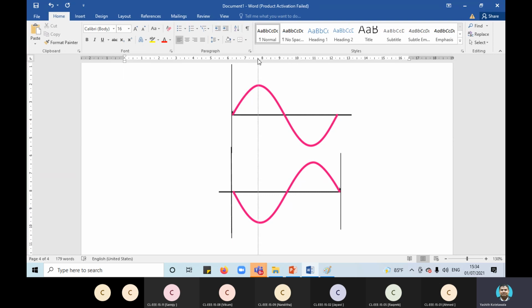Now assume I'm having a tab line right on the peak. If you can see, there's a tab line, a dotted line on the peak. Just read the positive peak value and the negative peak value. That is exactly the same. Let's, for example, think positive 5 and negative 5.